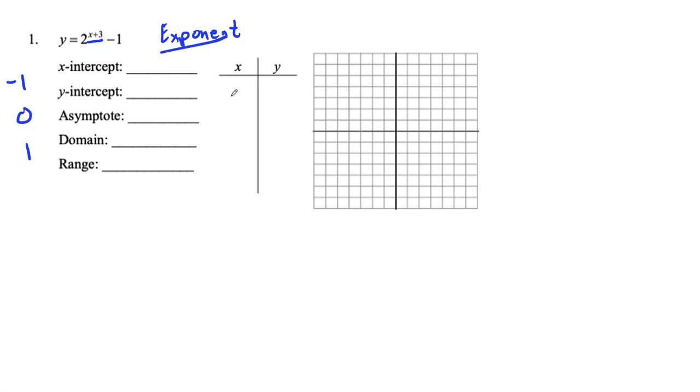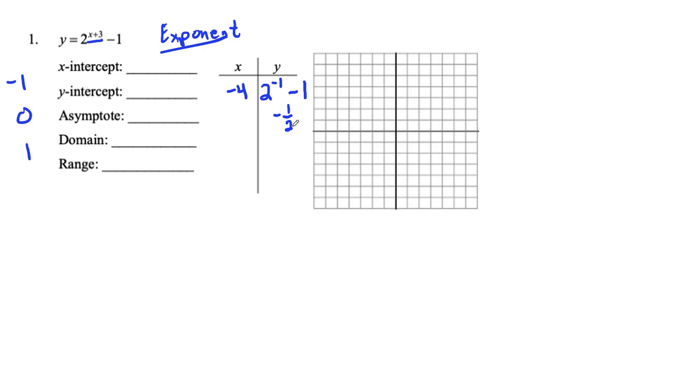I need to plug in a -4, because -4 plus 3 is -1. That gives me 2 to the negative first power minus 1. I know that 2 to the negative first power is 1/2, so 1/2 minus 1 gives me -1/2.